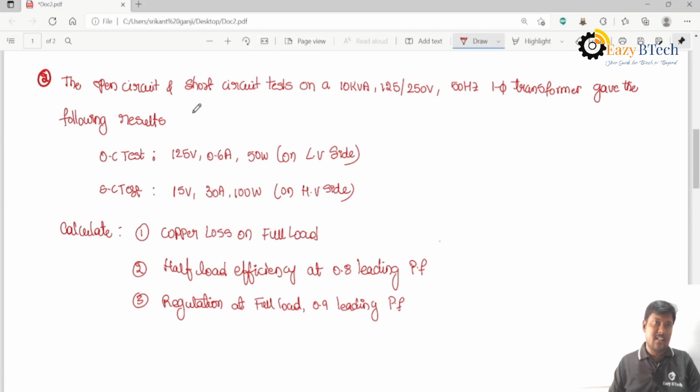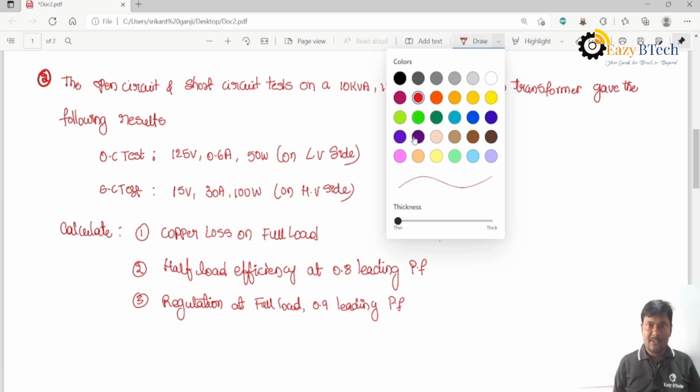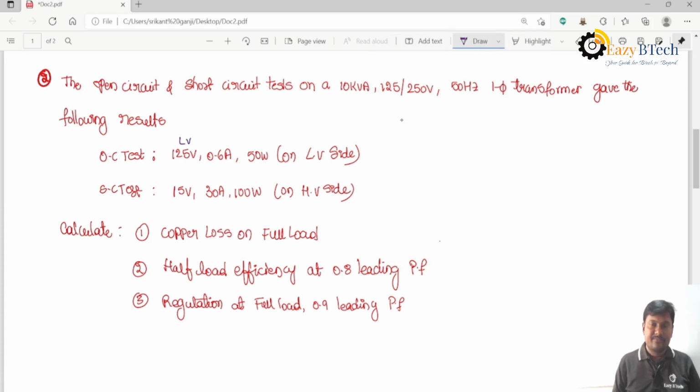So coming to the next problem: the open circuit and short circuit tests on a 10 kVA, 125 by 250 volts, 50 Hz single phase transformer gave the following results. The open circuit test is conducted on LV side and the HV side terminals are open circuited, and the short circuit test is conducted on HV side, so the low voltage terminals are short circuited.